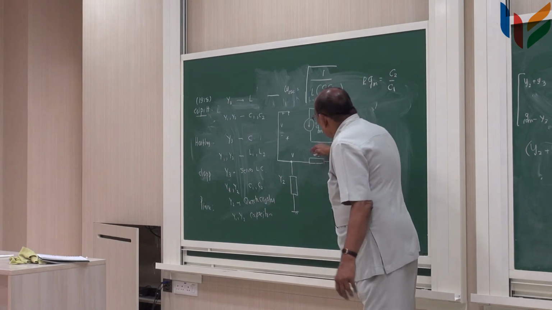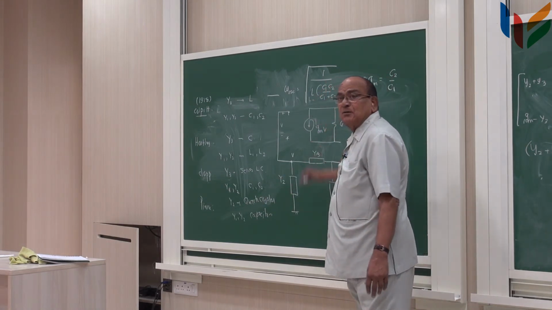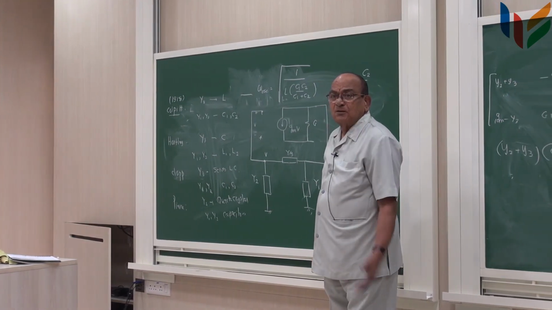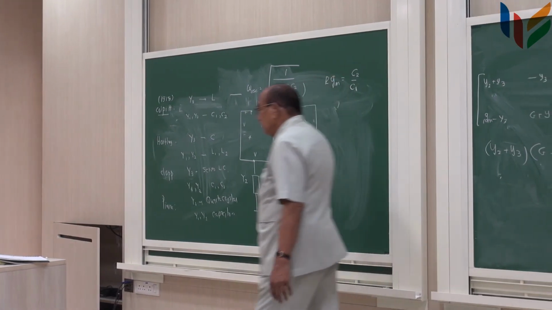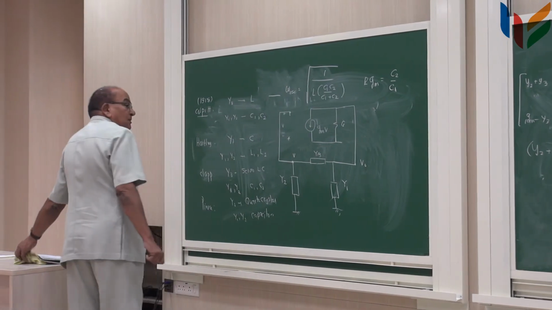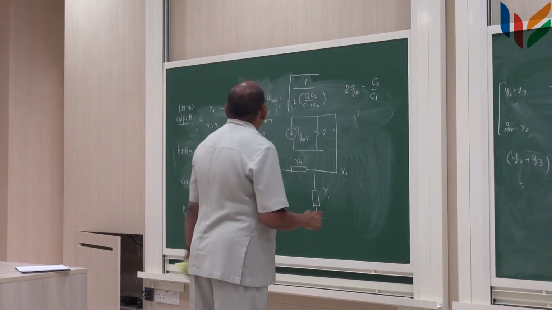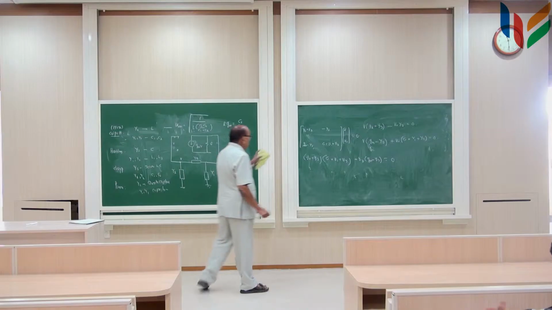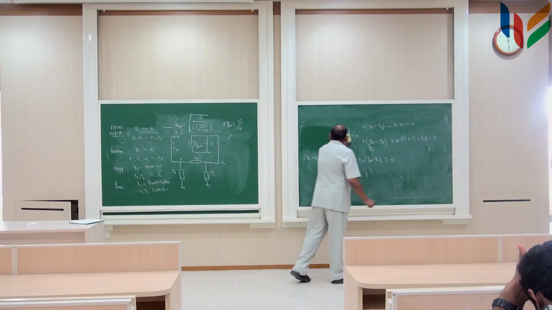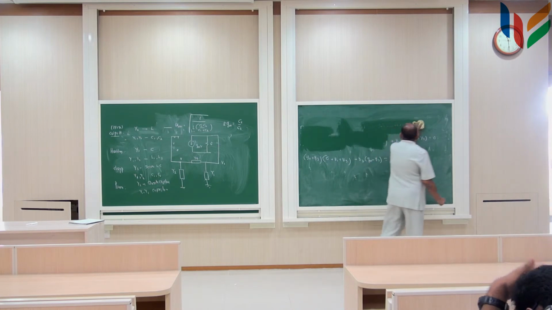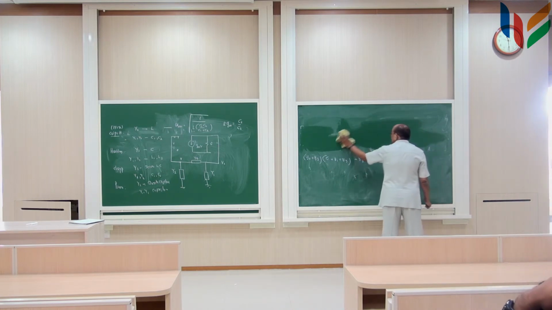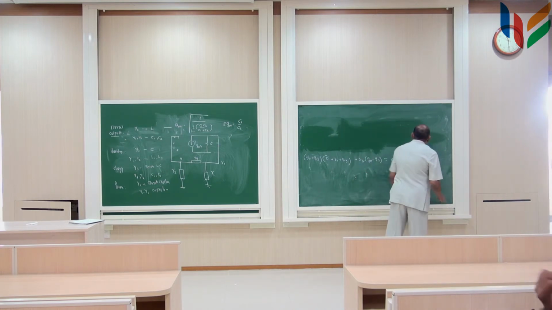Now, what represents this? It is a single transistor. So, the circuit for Colpitts, the actual circuit, can you erase this? Let me erase this portion. It is very simple.